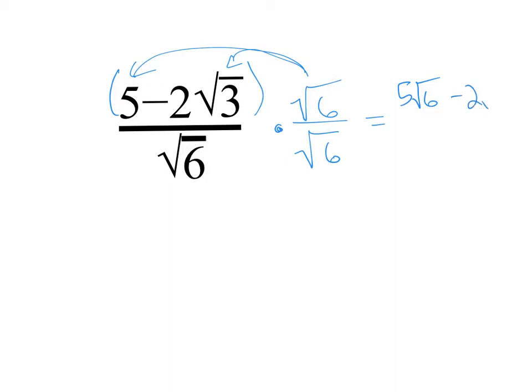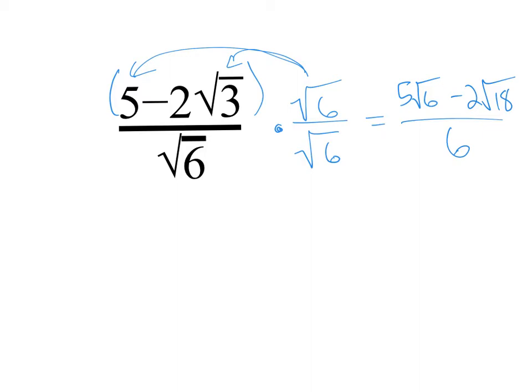But then multiplying what's under the radical symbols, 3 times 6 gives us 18. So remember, you're always going to multiply whole numbers with whole numbers, what's under the radical with what's under the radical. So up top, once we've multiplied the top of our fraction by the square root of 6, we have 5 times the square root of 6 minus 2 times the square root of 18. On the bottom, when we multiply the square root of 6 times the square root of 6, our answer is just going to end up being 6.